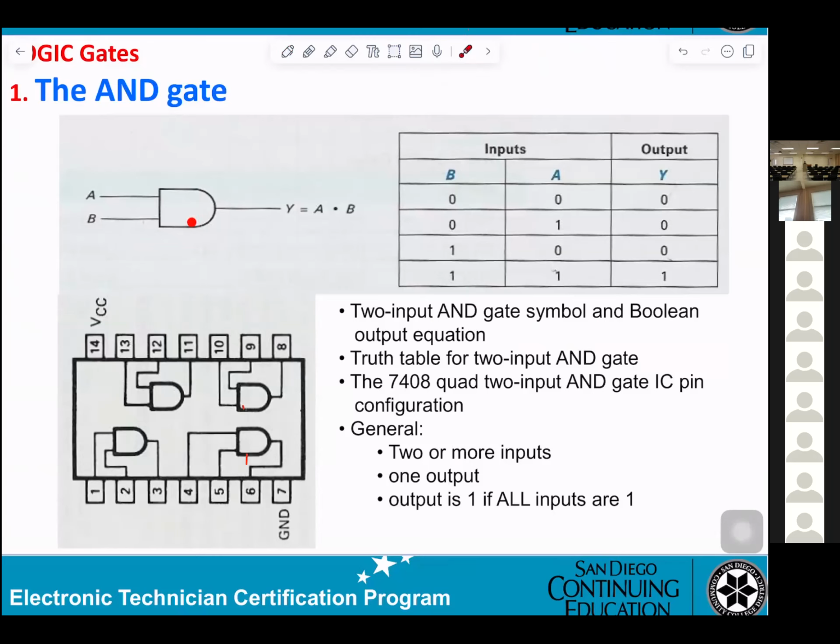The AND gate has one input A, one input B, and the output Y equals A times B. A times B, we don't say times, we say A and B.